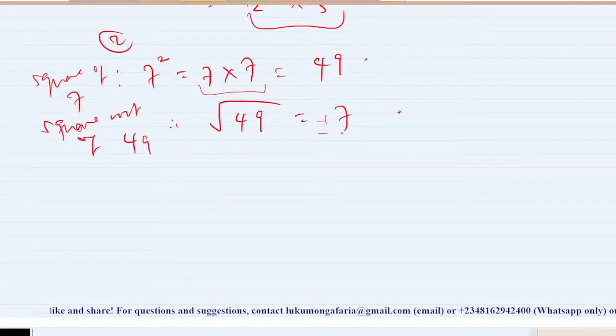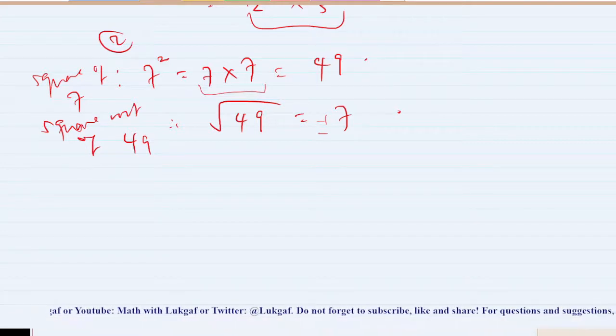So 7 times 7 gives you 49. Likewise, minus 7 times minus 7 gives you 49. So in essence, a number can have 2 roots, positive as well as negative.